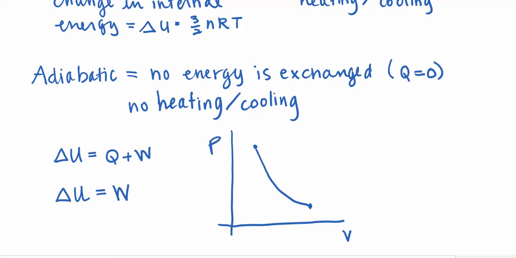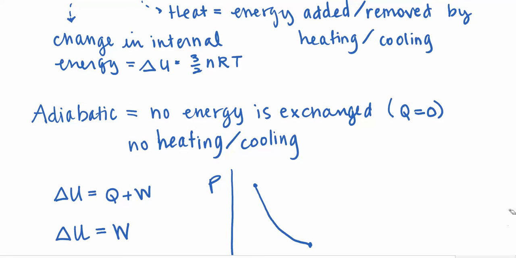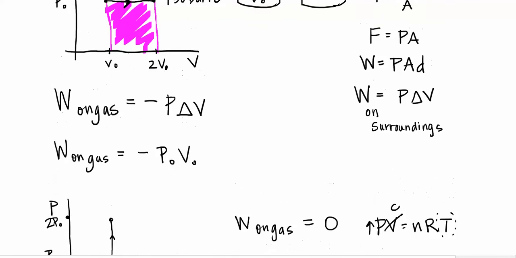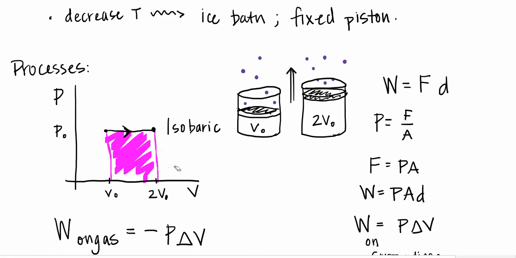So now that we've discussed this whole first law of thermodynamics, we go back way up here to this first process where there was negative work done on the gas. The volume was increasing. The pressure stayed the same. What happens to our temperature in this isobaric process? The temperature increased, right?